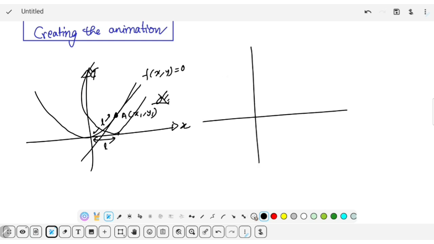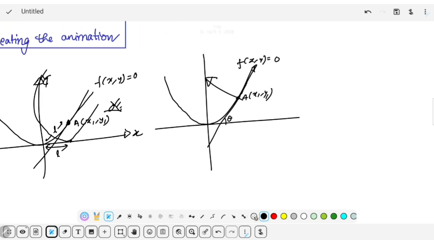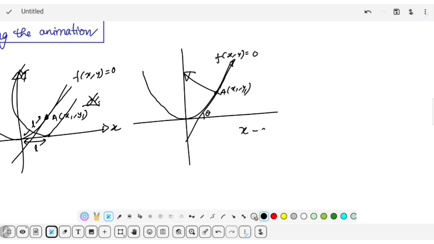First let me tell how we can take the perspective with respect to that tangent. If this point is A, x1 comma y1, in GeoGebra there is an option to find the slope of a tangent to this curve. We can input the equation of this curve and it gives us the slope at point A. Once we know the slope, we can transform this axis and find a new axis. According to that new axis, we get x minus x1 and y minus y1.